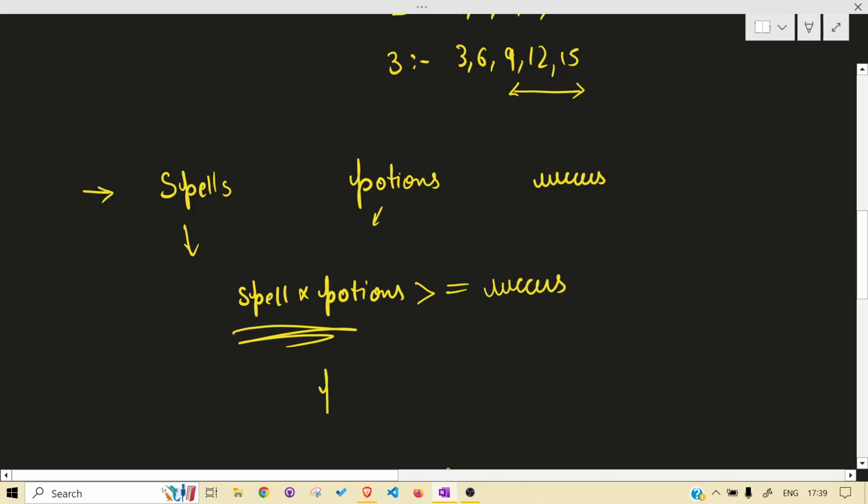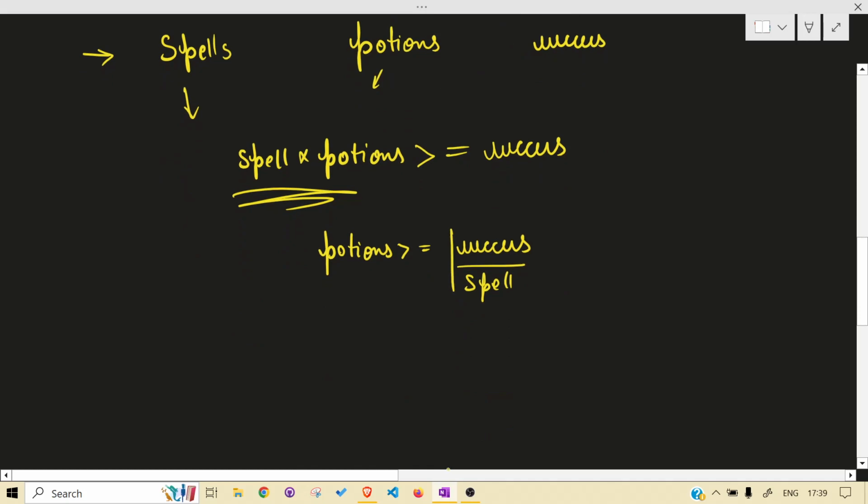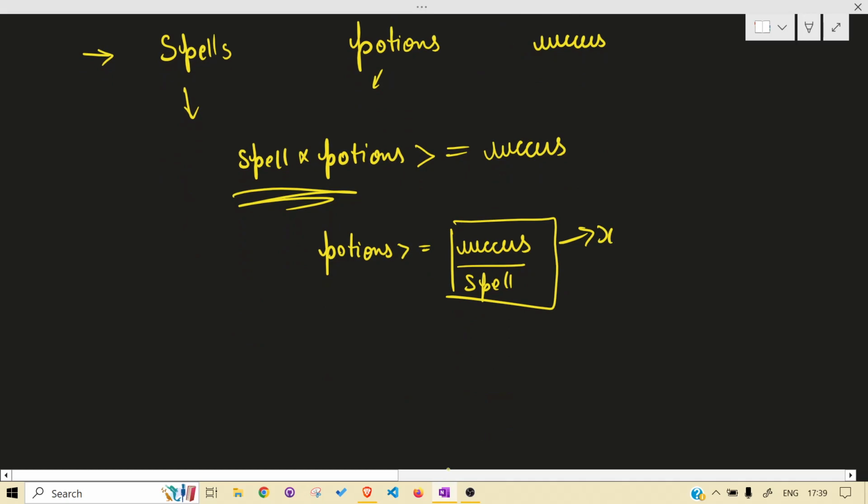Let's rearrange this, so that we have success divided by spell. Now let's call this a value of x. So what we are doing over here is checking whether any of the potions are greater than or equal to x.